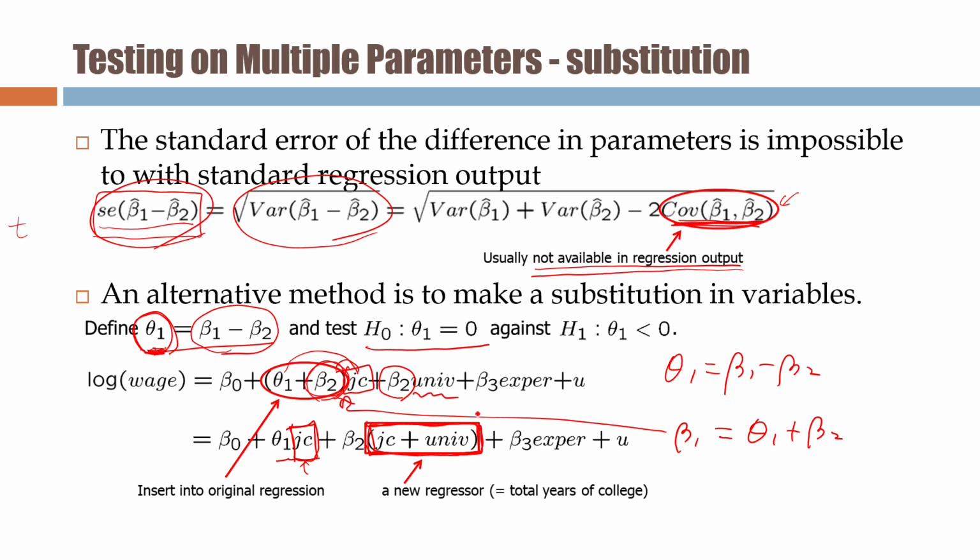And then we run the regression, and if theta 1 is 0, can we reject this null hypothesis or not? So with this technique, we have to run the regression one more time, but we don't have to look for this covariance, which is not available. So we can test the null hypothesis beta 1 minus beta 2 equals 0.